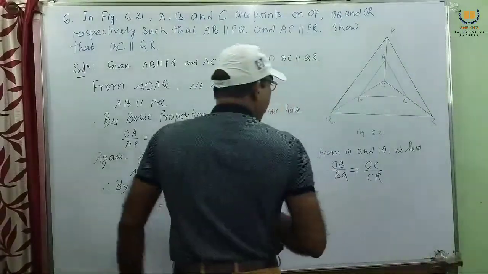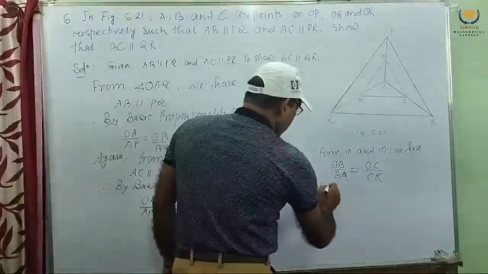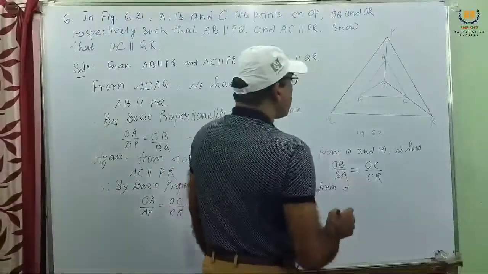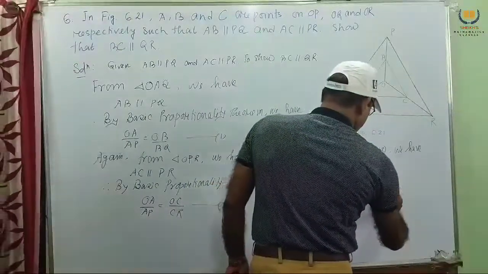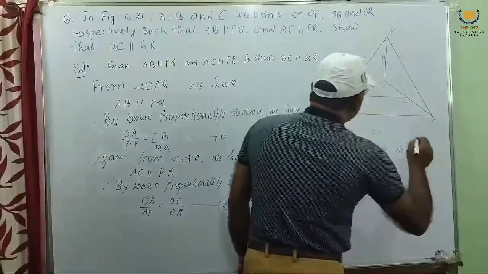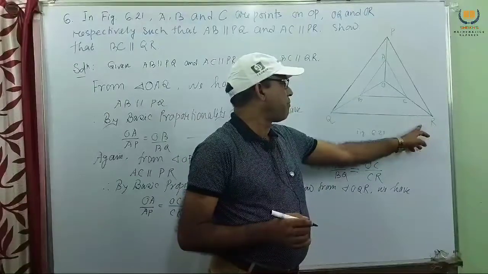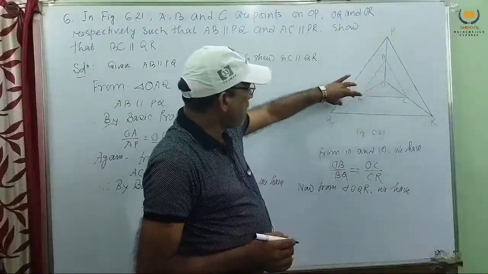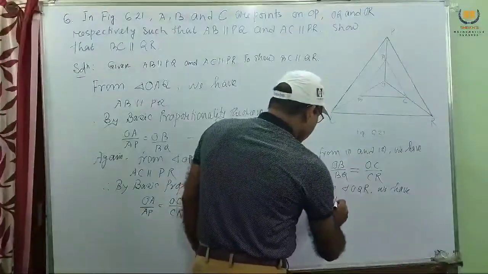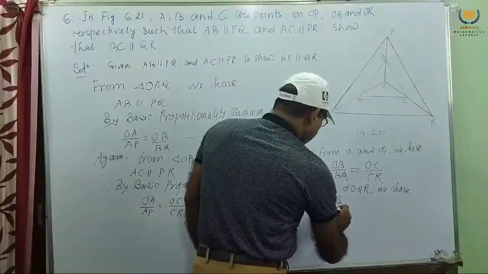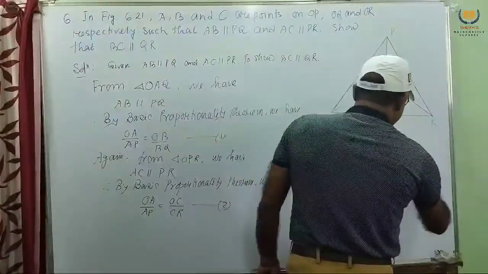Again, now from triangle OQR we have OB by BQ and OC by CR. We can write this as number 3.